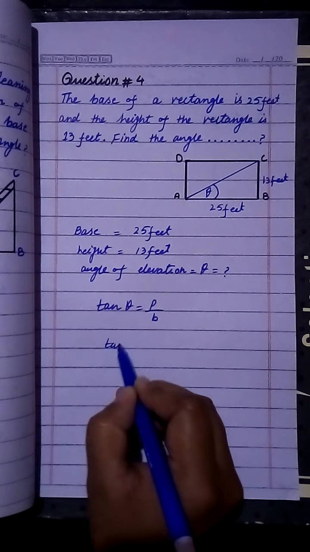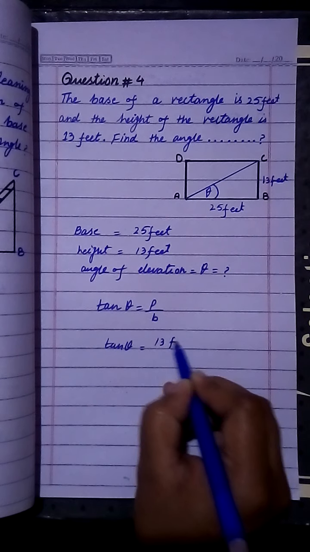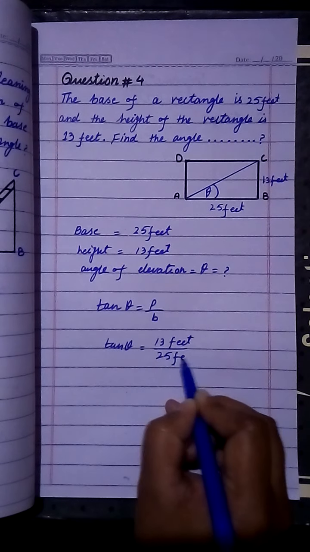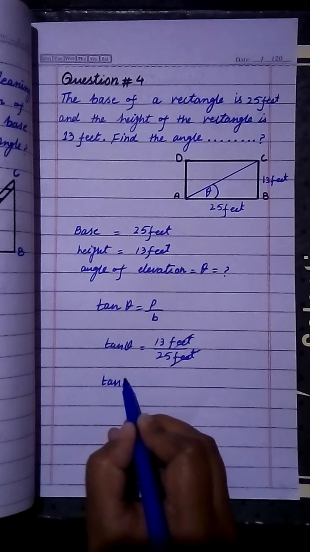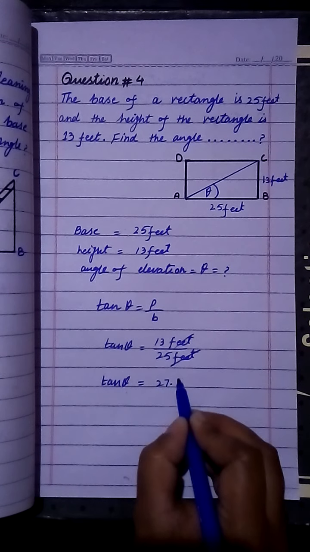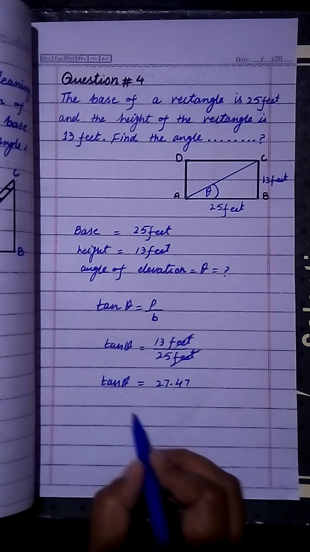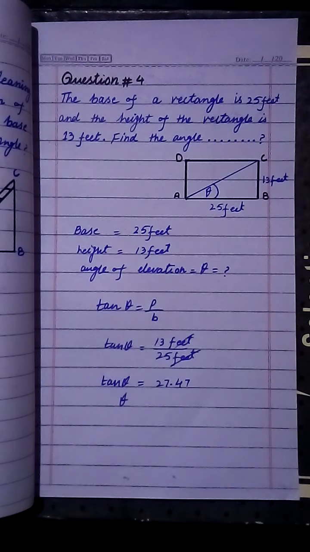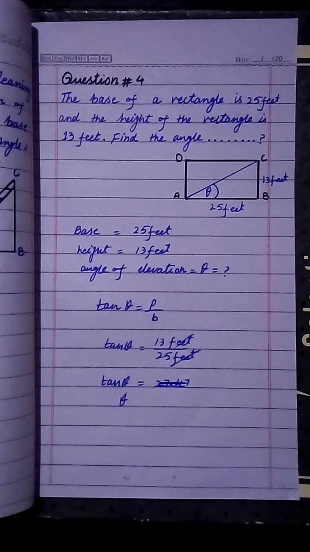So tangent theta equals 13 feet divided by 25 feet. Now feet cancel with feet, so you have to divide 13 by 25.